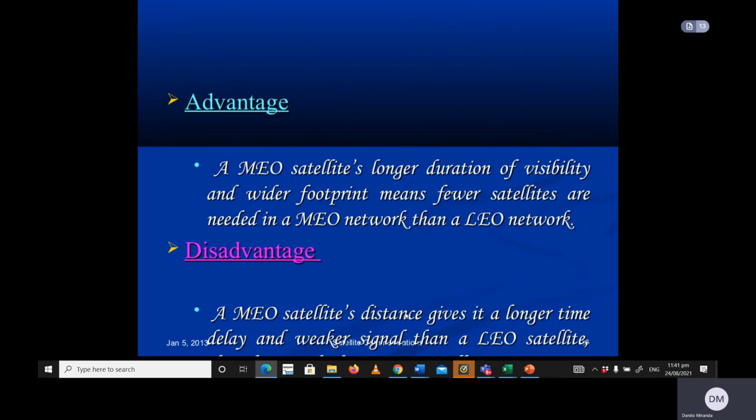The advantage of a MEO satellite is a longer duration of visibility and a wider footprint, which means fewer satellites are needed. Of course, as it gets farther, when you get to GEO, there are only three. The disadvantage is that the MEO satellite distance gives a longer time delay and a weaker signal because it is far.